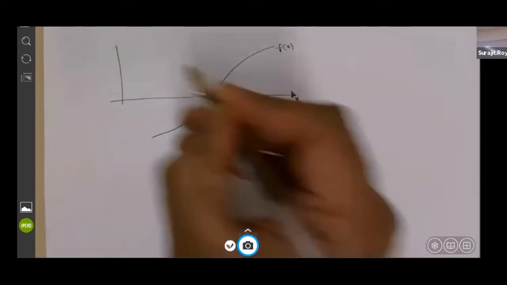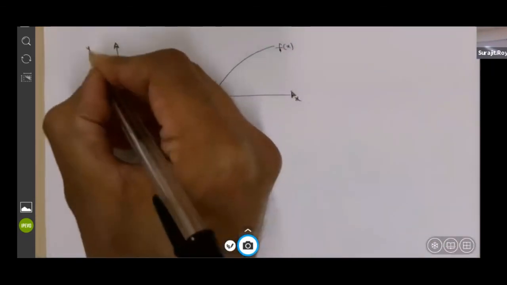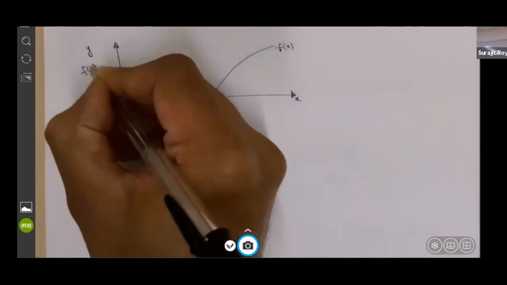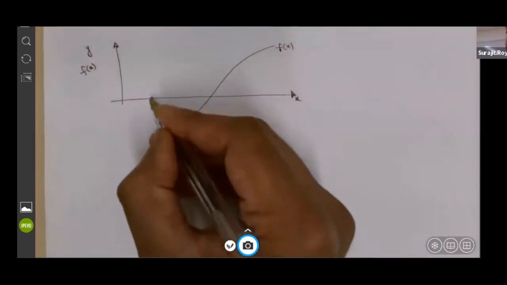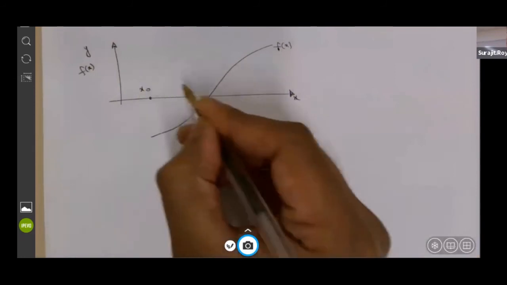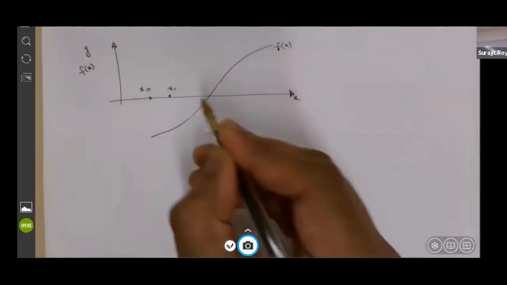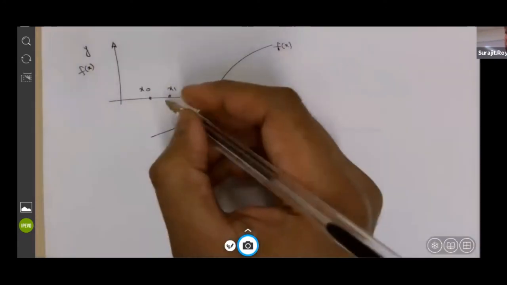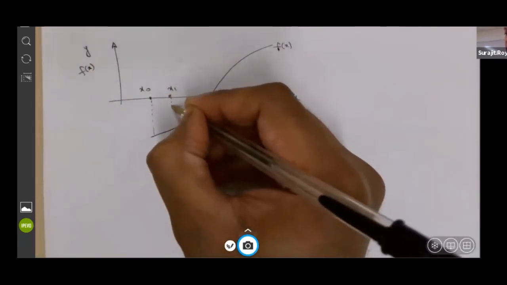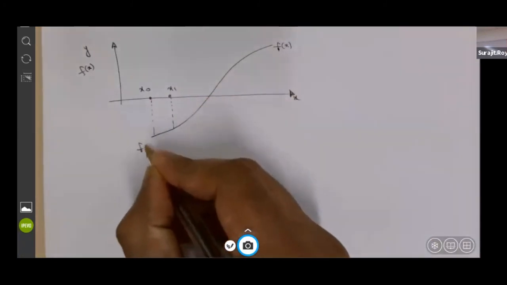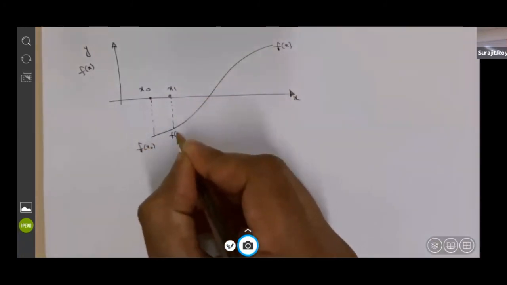This is your x-axis, this is the y-axis, or f of x, the function value at x. So in the secant method, you start with x0, x1, and f of x0, f of x1.